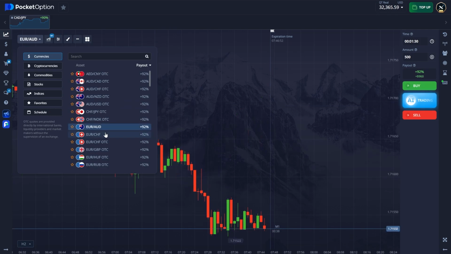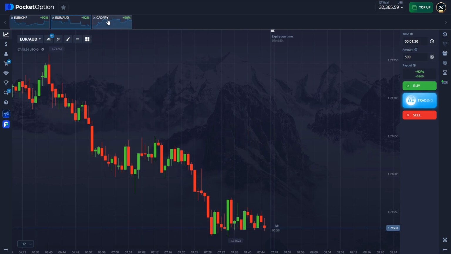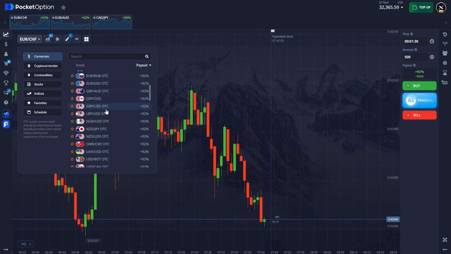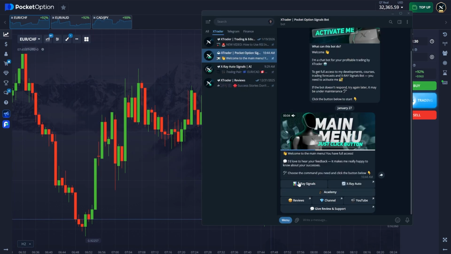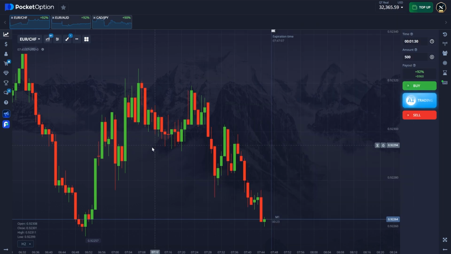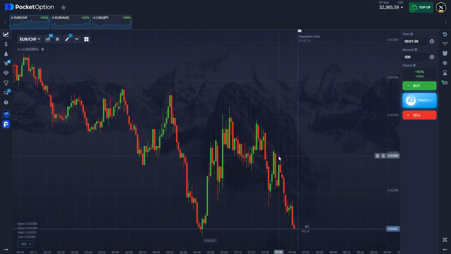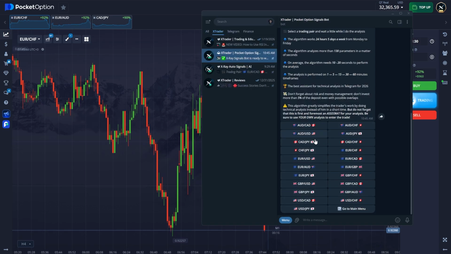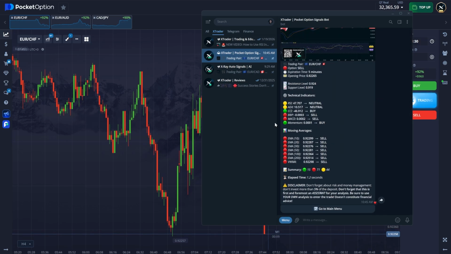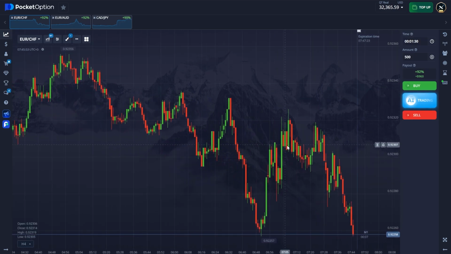Let's try Euro Swiss franc as an example. Watch closely. Within seconds, the bot provides a sell analysis.